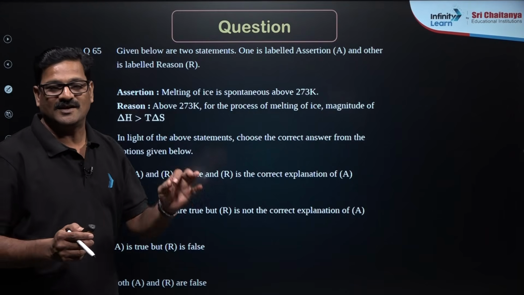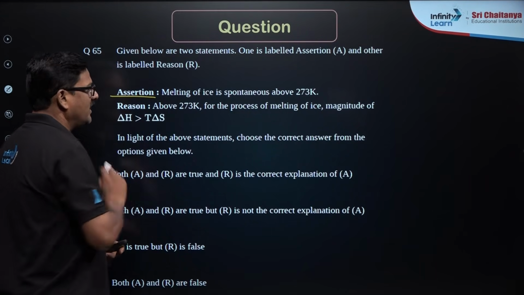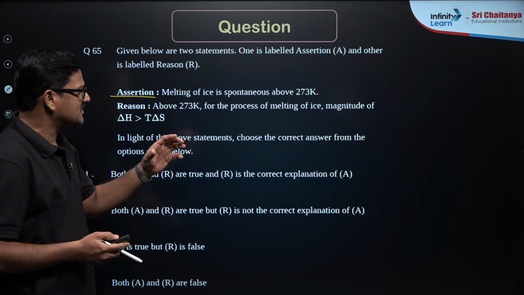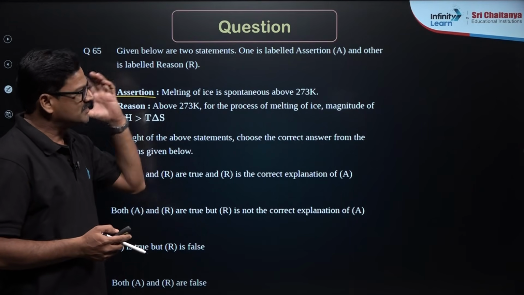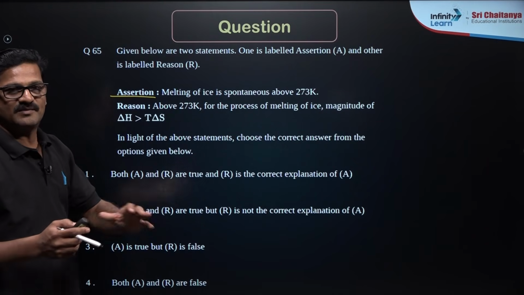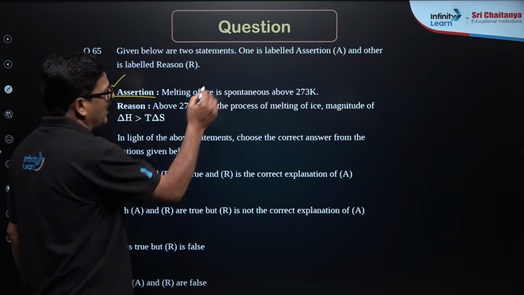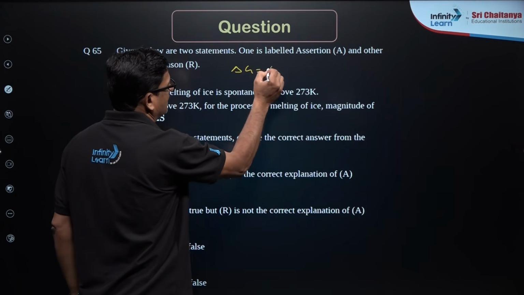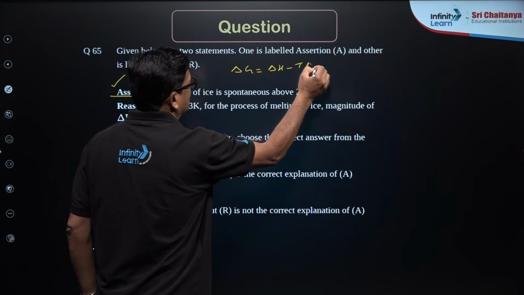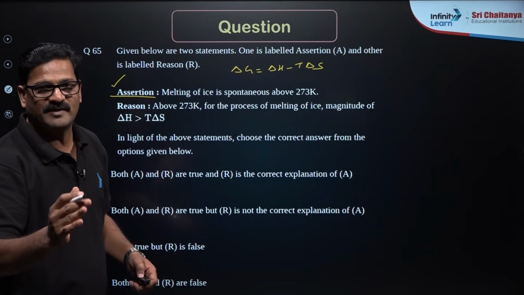Students, it is a question from thermodynamics, again assertion and reason type. Assertion: melting of ice is spontaneous above 273 Kelvin. Above 0 degree centigrade, ice is going to melt spontaneously. Reason: delta G is equal to delta H minus T delta S. Now, melting of ice is an endothermic process.